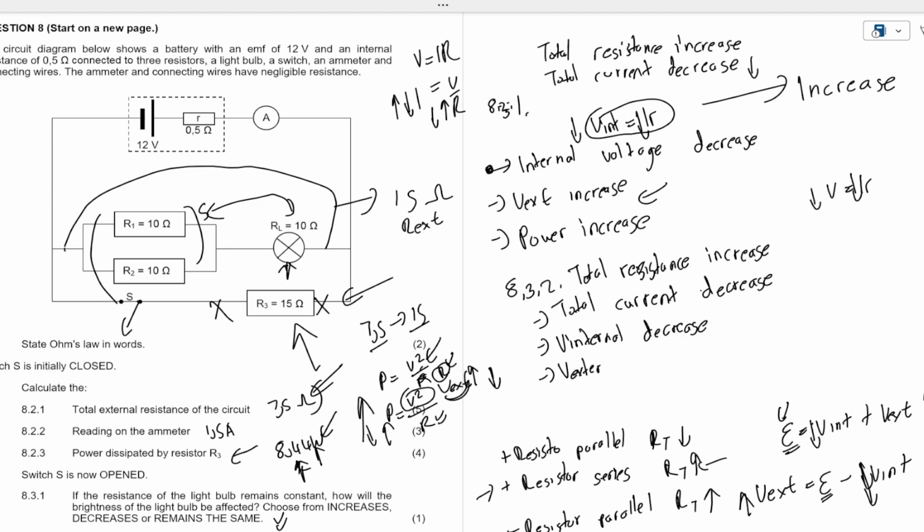V external increases. Therefore, if V external increases, the power increases. And a very important statement that you must not leave out is that brightness depends on power. Now that's how we answer it.